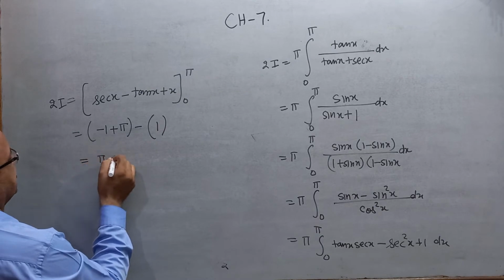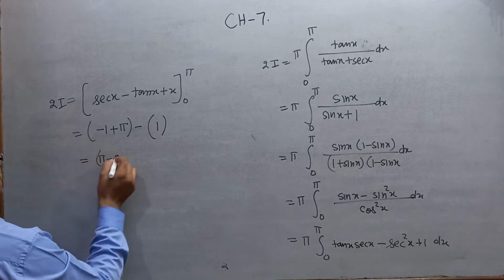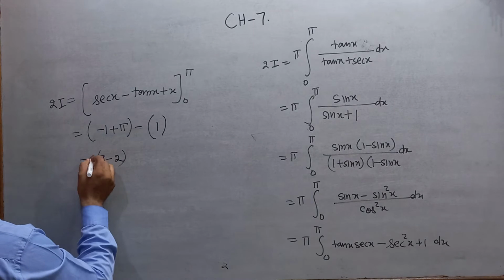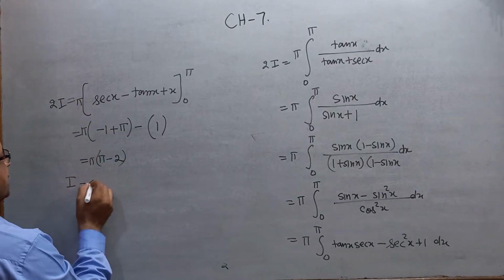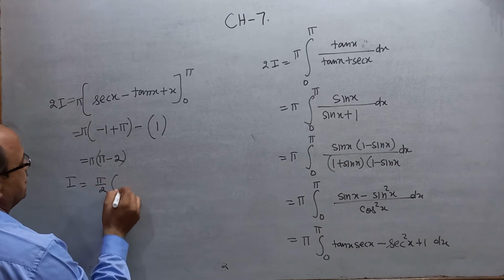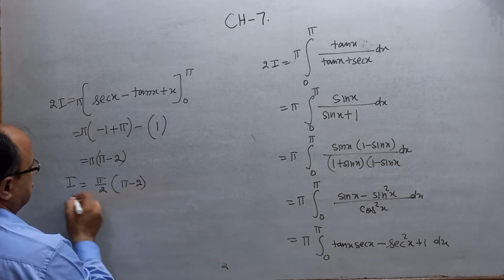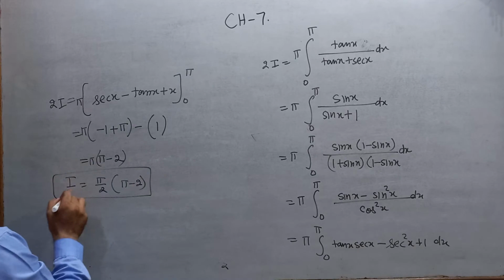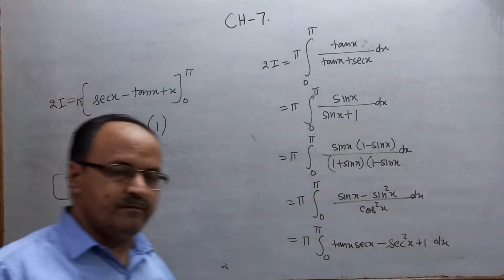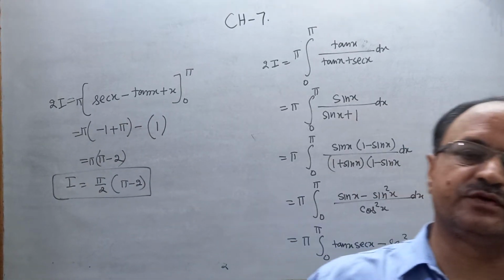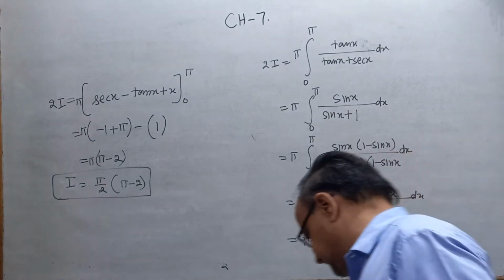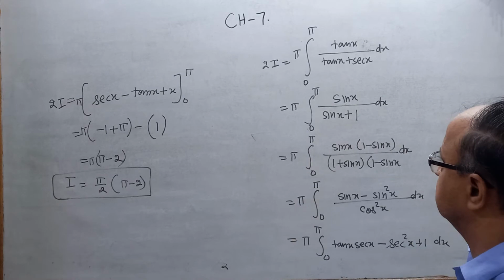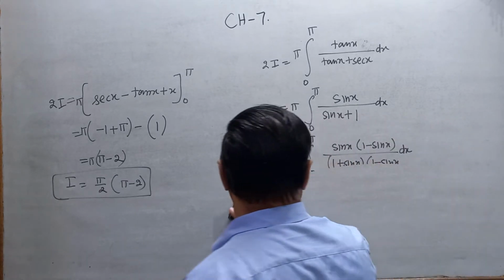That is pi minus 2, and pi is also written in the question. Therefore the value of I is pi by 2 times (pi minus 2). This is the complete solution of this very important question, question number 32.